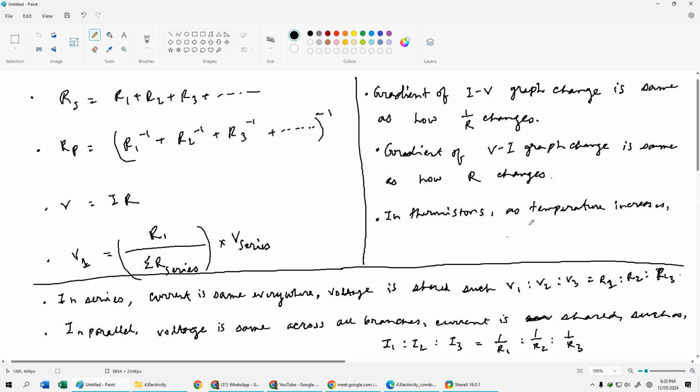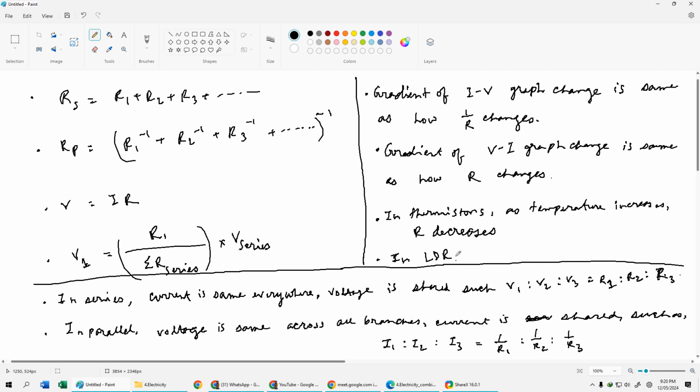In a thermistor, as temperature increases, R decreases. As for LDRs, LDR stands for light dependent resistor.